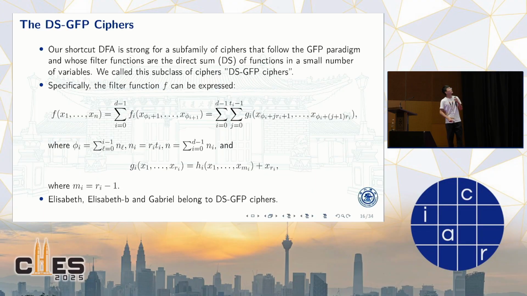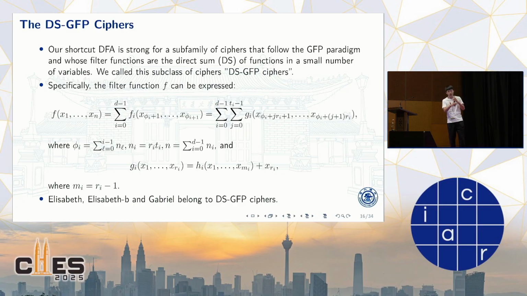First, I would like to introduce the target of our framework. Our shortcut DFA is designed for a subfamily of ciphers that follow the GFP paradigm, where the filter function is the direct sum of functions in a smaller number of variables. That's why we call this subclass of ciphers the DS GFP ciphers.